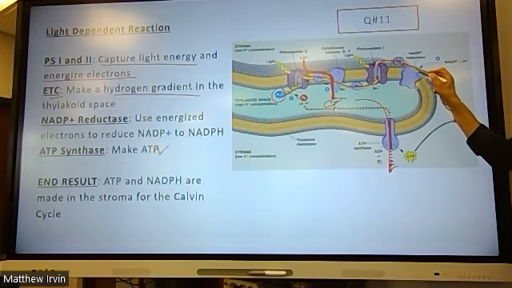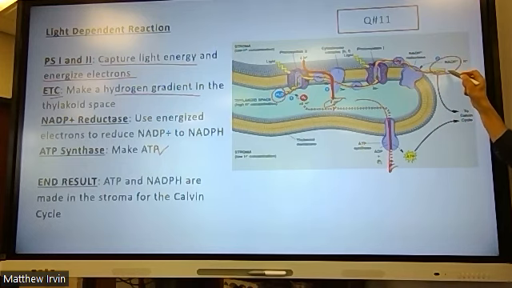NADP reductase takes the electrons, combines them with NADP plus and hydrogen to make our NADPH.